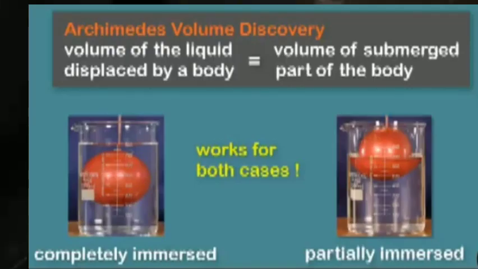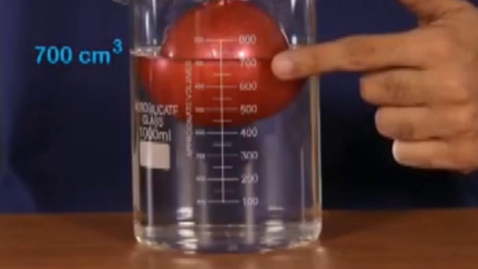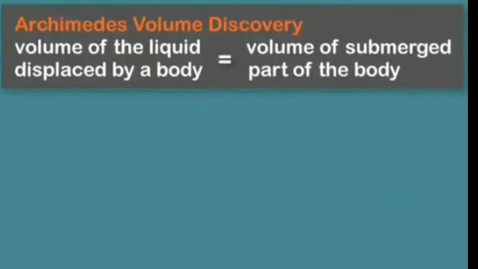This was our partially immersed case. Let us place the partially immersed case on our concept board. For the partially immersed case, the volume of the liquid displaced is equal to the volume of the partially submerged part of the body.